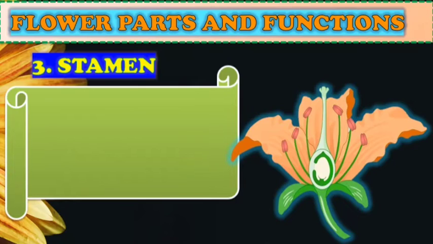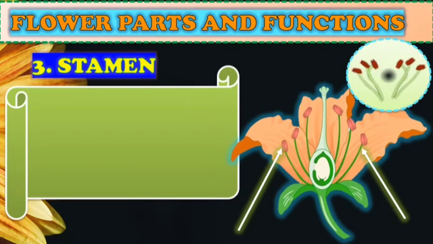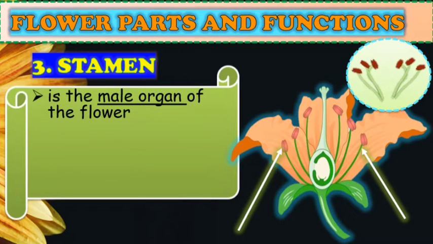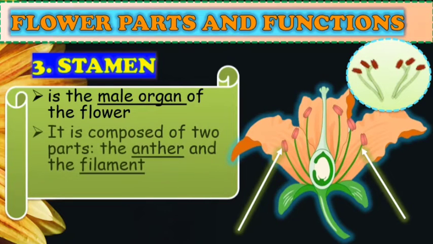We will see it. We have the stamen. Where's the stamen there? That is the stamen. This is a closer view of the stamen. The stamen is the male organ of the flower. So take note of that. It is composed of 2 parts: the anther and the filament.